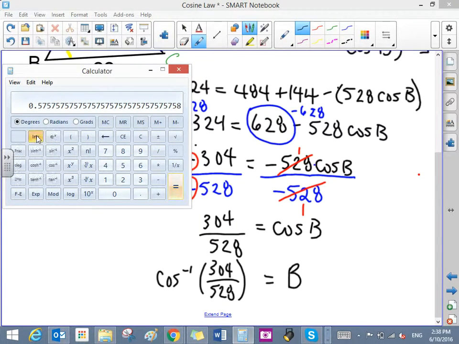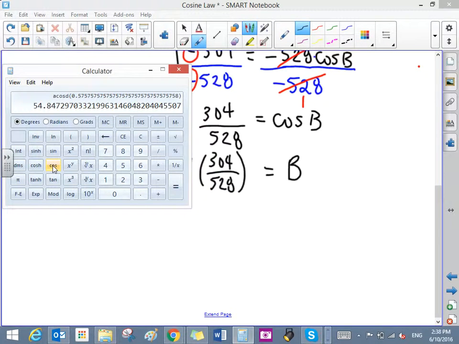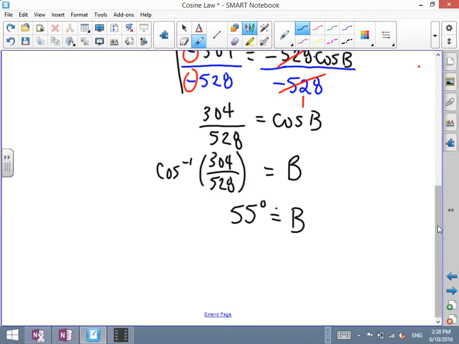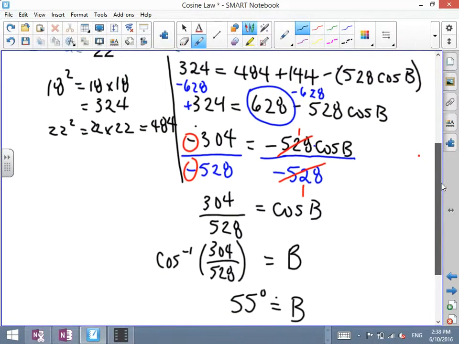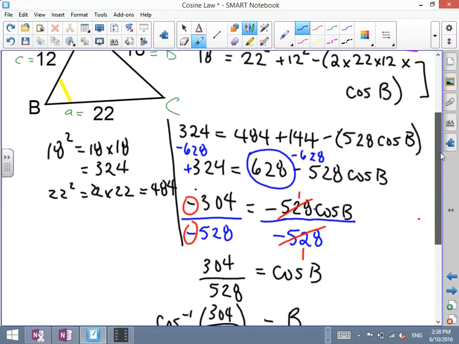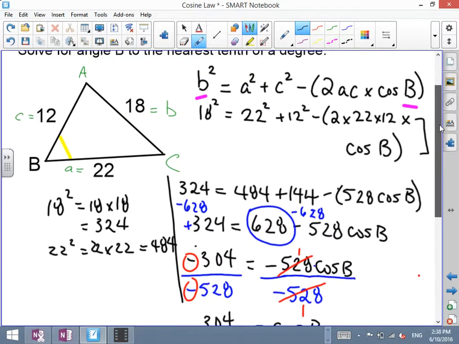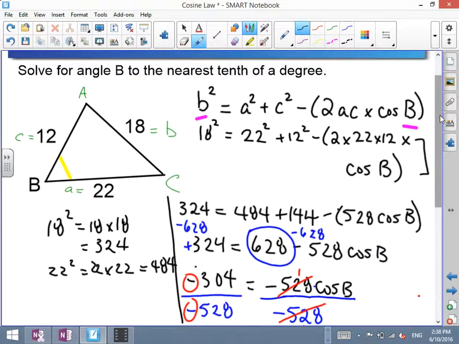And I'm going to take the inverse. So I'm going to press shift, and I'm going to find the inverse of cosine, and it reports 54.84. So approximately angle B is about 55 degrees. Okay? And that's specifically how you use the cosine law relationship when you have a triple S context or side.